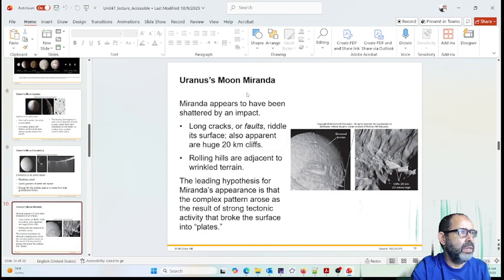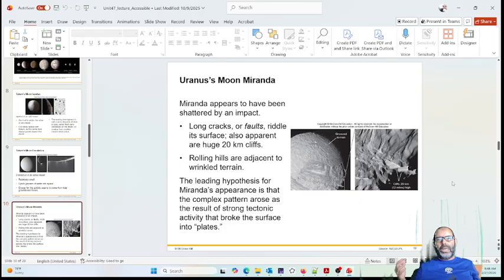Miranda has high cliffs of 20 kilometers, indicating that it has some violent past, probably from either an internal structure that causes plates to rub against one another, or some sort of collisions that caused these grooves and cliffs. 20 kilometers, to put it in perspective, is a huge distance. You're talking about 12 miles.